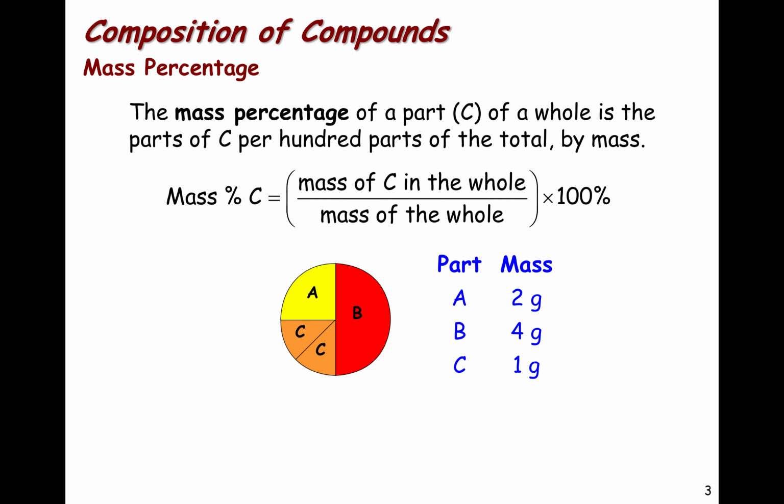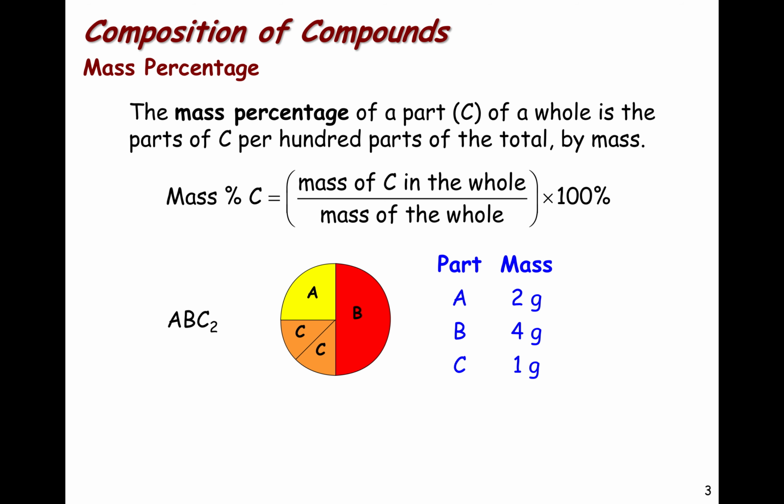In this case, we have the various components A, B, and C. Individually, the mass of A would be 2 grams, the mass of B would be 4 grams, and an individual C would be 1 gram.